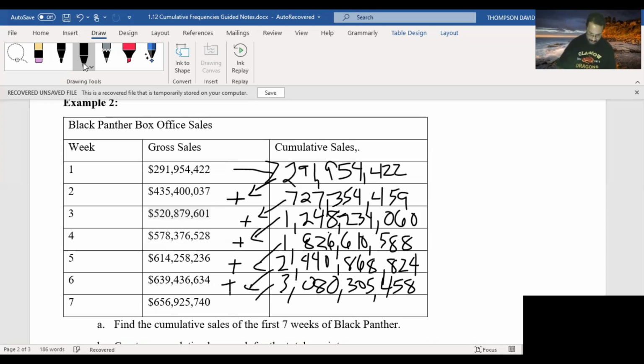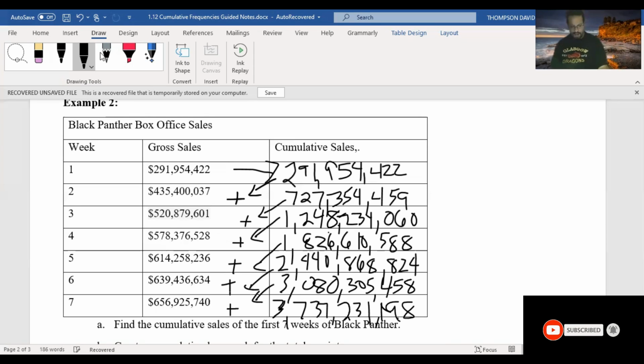And then add in our last week, week 7, so that's 656,925,740. We get a final running total for the first 7 weeks of 3,737,231,198.